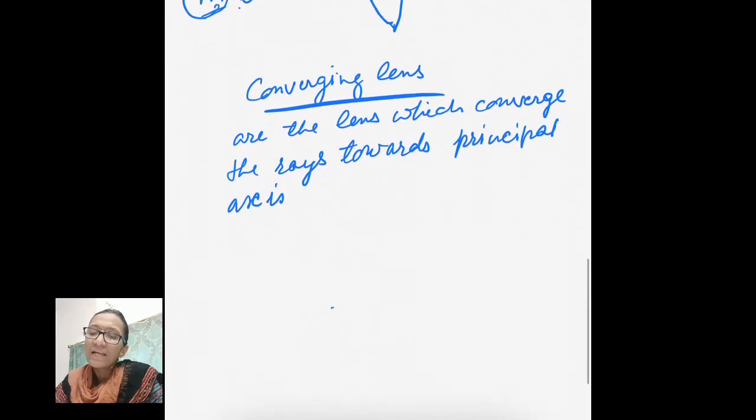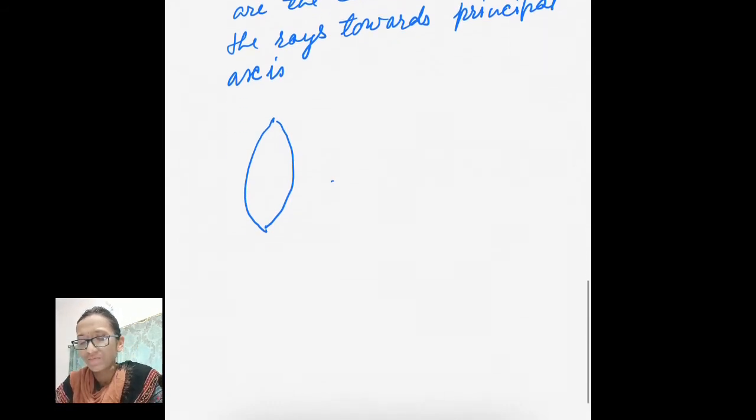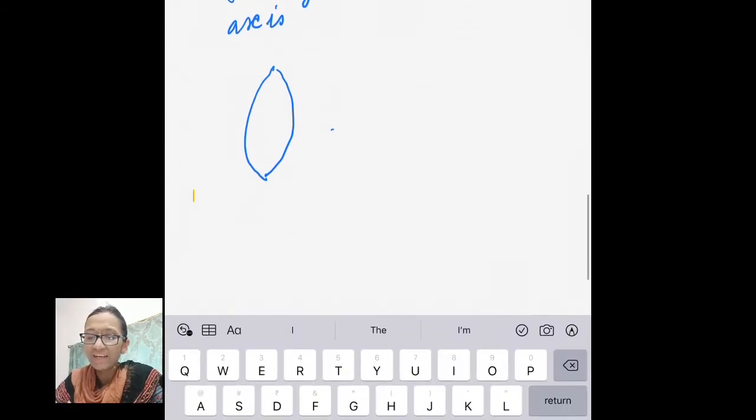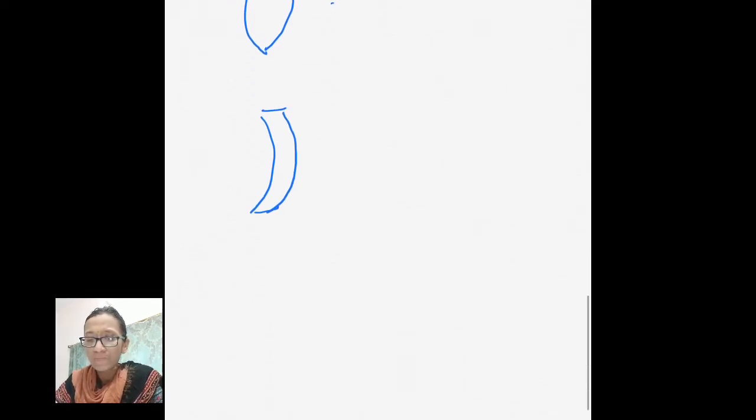Those are called lenses. Now, if the second surface is convex, in this very case you have second surface convex, here you have first surface concave, but again your second surface is convex. In this very case you have first surface plane but second surface again convex.